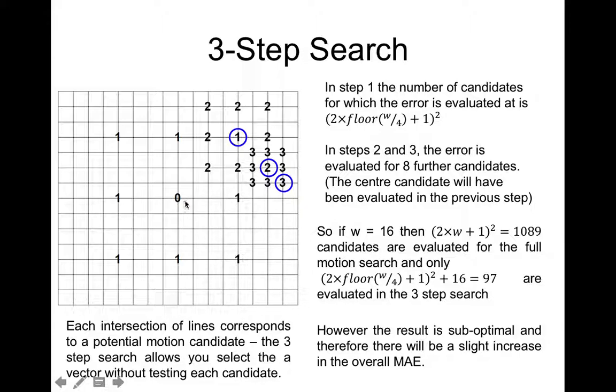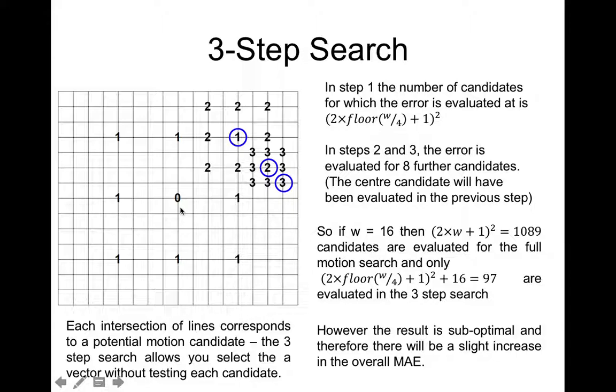This represents your grid of plus or minus 8 pixel search. So you'd be looking at many different locations, and this is my current location, which would mean zero displacement.